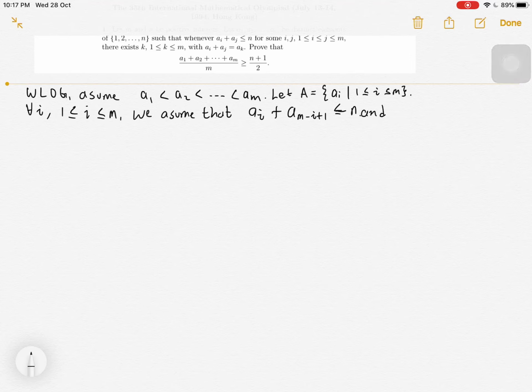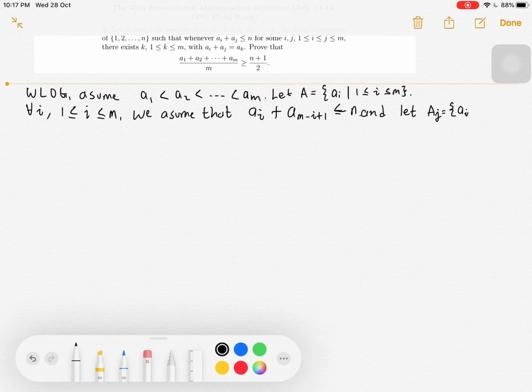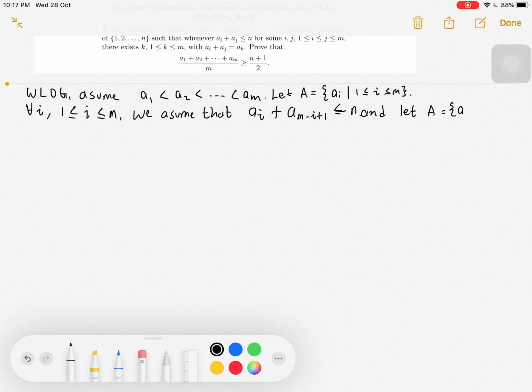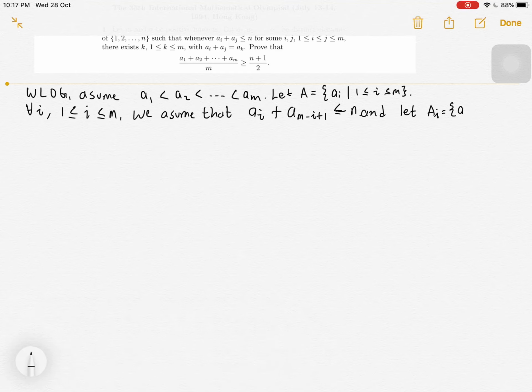And let Ai be the set of aj, where j is greater than m minus i plus 1.